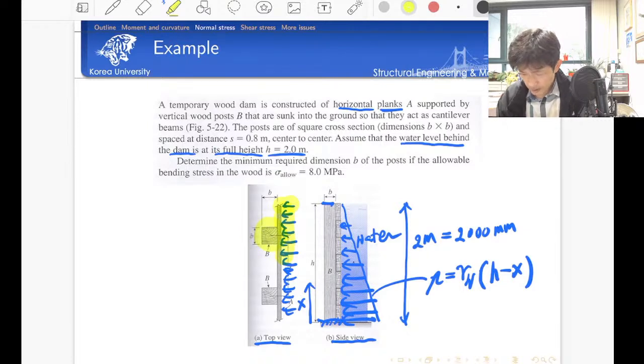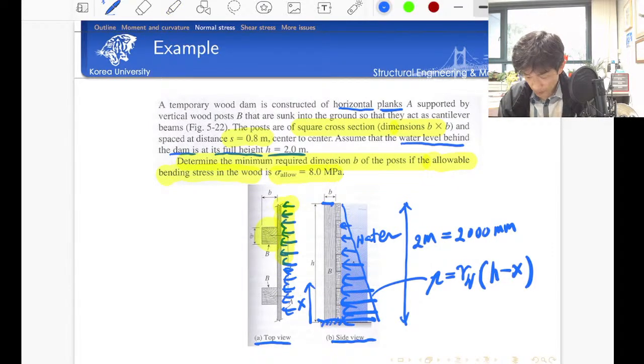All other dimensions, for example the spacing, are given as 0.8 meters, like 800 millimeters, but the size of the cross section is not given. So we have to determine the minimum required dimension of the post, and the allowable bending stress is given here.